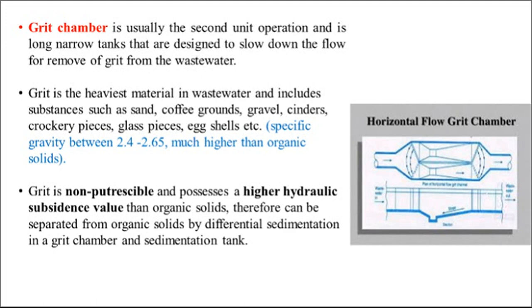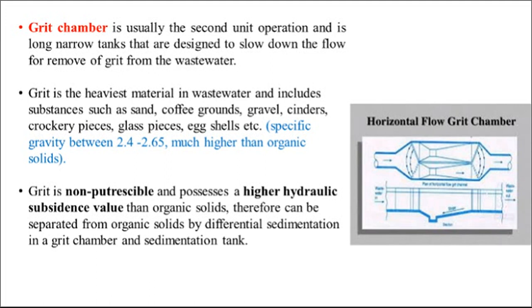Grit is the heaviest material in wastewater, and as I have told, it includes different substances such as sand, coffee grounds, gravel, cinders, crockery pieces, glass pieces, eggshells, etc. The specific gravity of these materials may vary between 2.4 and 2.65, and this value is much higher than that of organic materials.